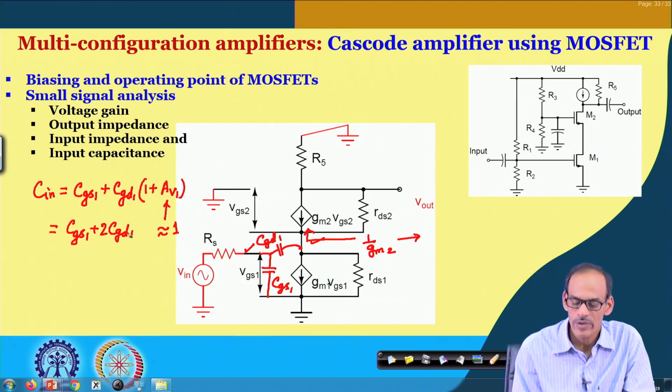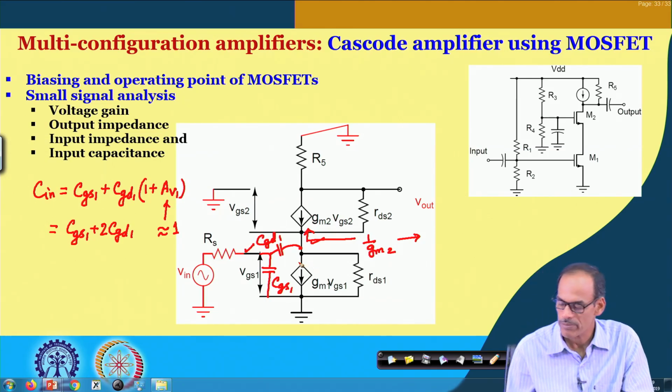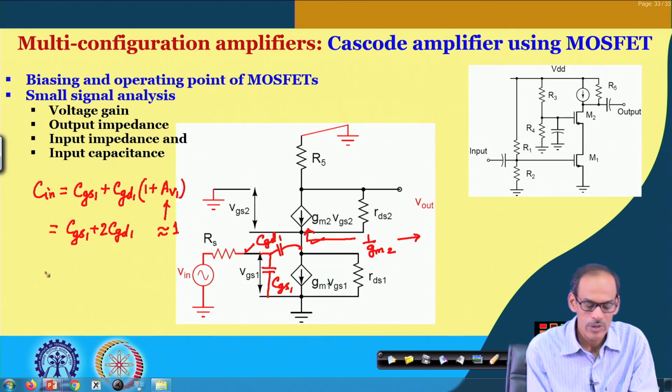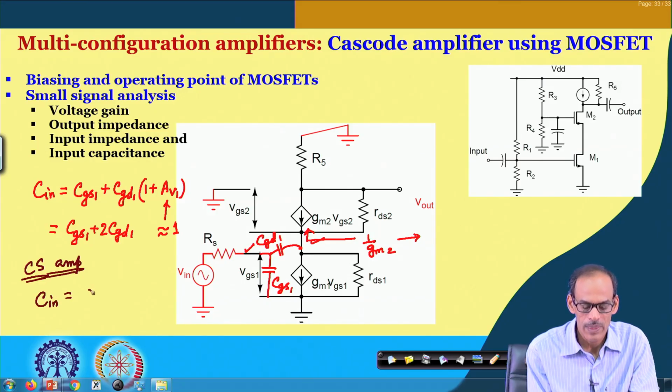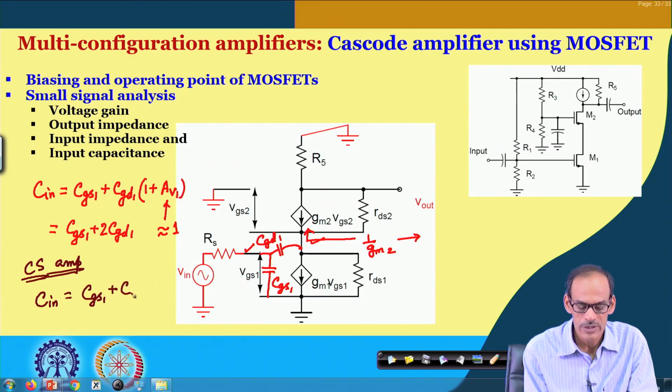On the other hand, for a simple common source amplifier, we know that the C_in is CGS plus CGD multiplied by 1 plus its voltage gain.